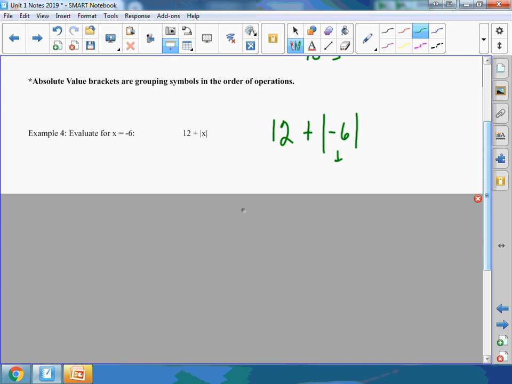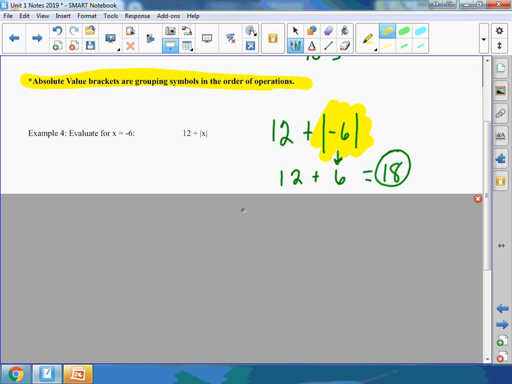Okay, so the absolute value of -6 is 6. So now we have 18, yeah. So this expression becomes 18. Okay? So we don't add 12 and -6 first because of these absolute value brackets and this concept up here that says we must do those first.